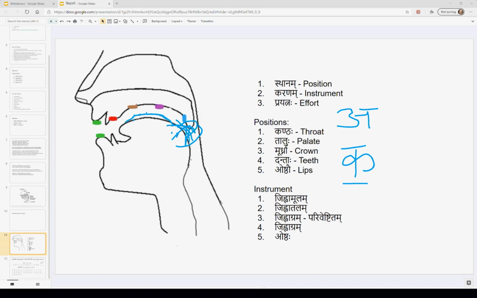I feel like that only. The jivha tries to move upwards towards the soft palate area, but we describe it as kantaha. So basically jivha moolam tries to touch the upper part of that back of the throat.